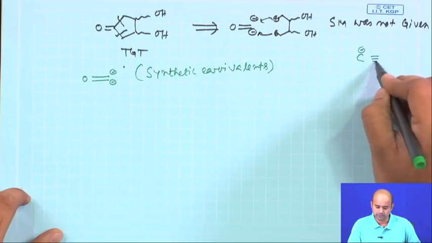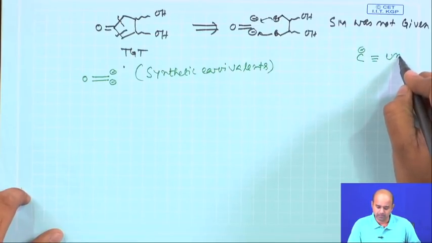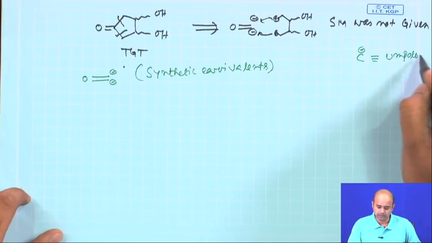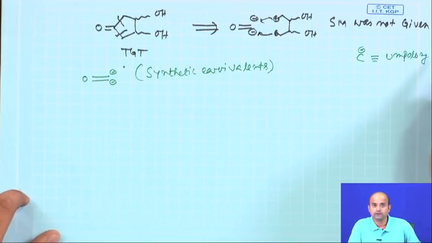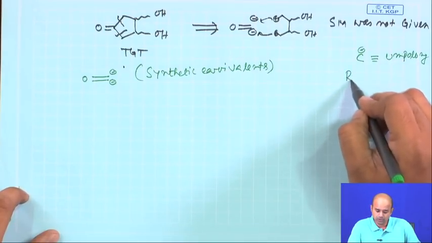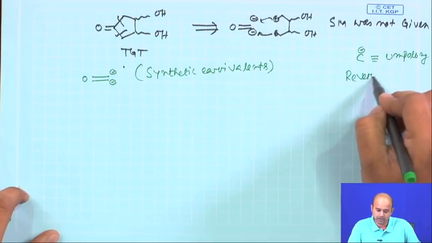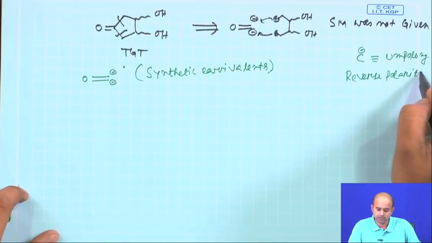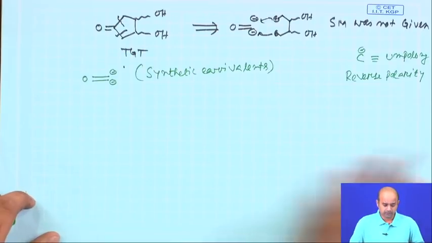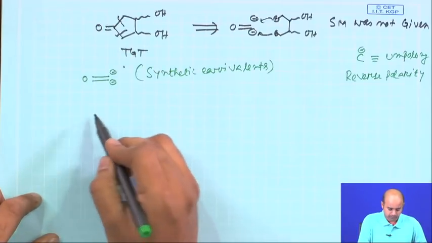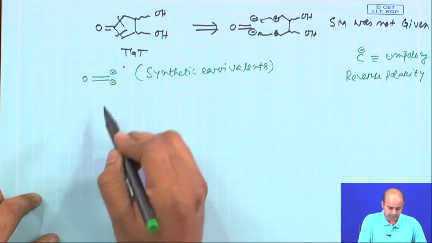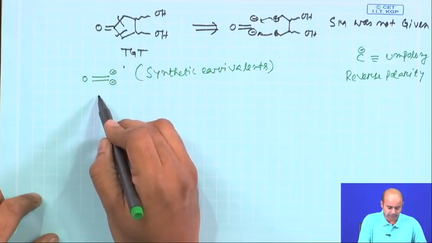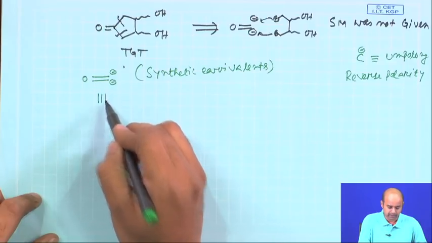These species are normally named as Umpolung species, where the usual charge on carbon seems to be positive, it has been reversed. It is called Umpolung, the German name, or reverse polarity. We will try to explore how this kind of species will give you a suitable disconnection.